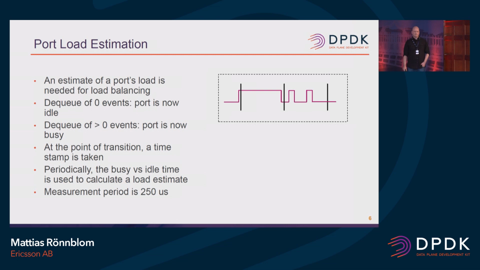And if it's more than 0, the port is now busy. And then we keep track of the point of transition. So we take a timestamp at the points of transition between these two states. And periodically, we calculate how much, basically in percent, the port is loaded. And the measurement period is currently 250 microseconds. So we get an approximation of the past load, and we use that to estimate future load.